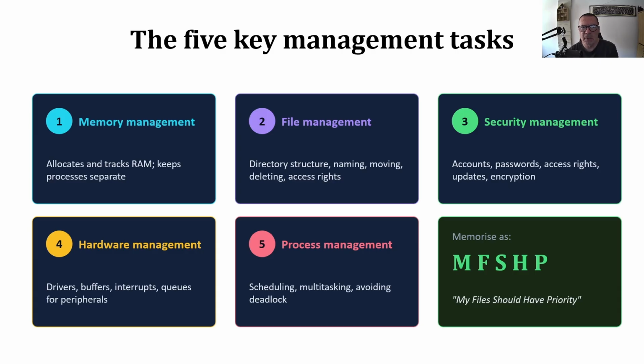And then security management, so the ability to have accounts with passwords and usernames, be able to define separate access rights based on the type of user, making sure that security updates are done and potentially encrypting your data.